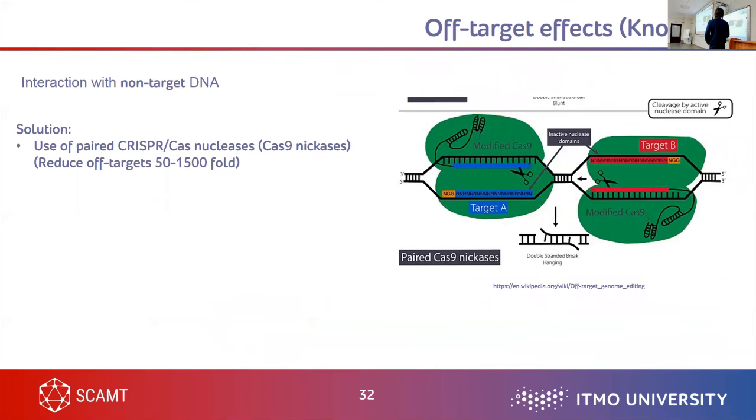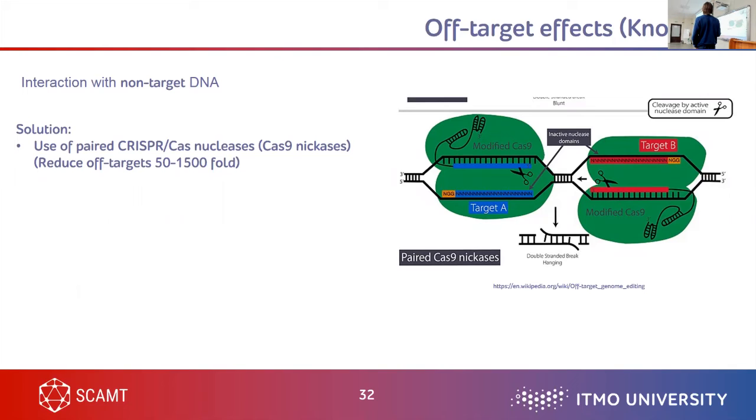The second way, if we work with CRISPR-Cas systems, is to make it more complicated using CRISPR-Cas nickases. What does it mean? Usually we use only one CRISPR-Cas system that attaches to DNA. But nickases are a modification of CRISPR-Cas systems that cleave only one DNA strand.